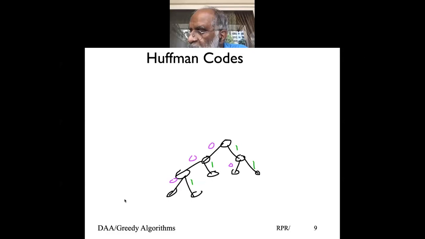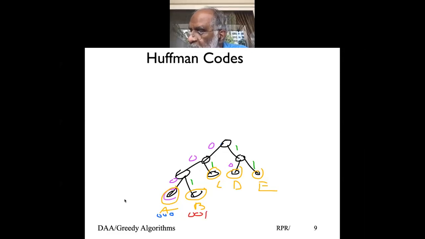And that means the leaves are basically my symbols. For these codings, let's say A, B, C, D, E. Coding for A would be 0, 0, 0. Coding for B would be 0, 0, 1.